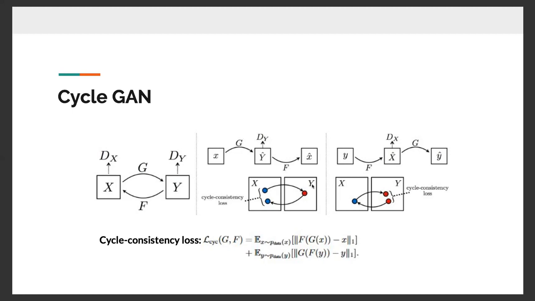We can also do the opposite: generate the X image from the Y domain using F here, and then generate the Y back using G. So there is again a consistency loss between the Y we generated and the original input Y.